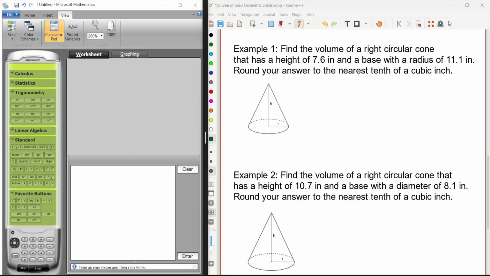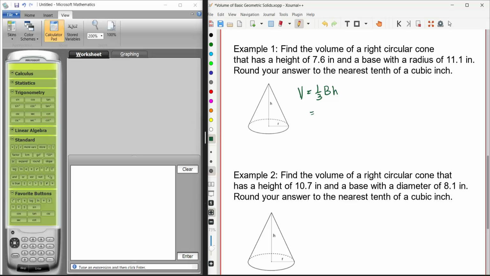So here, let's start with the formula. The volume of a cone is equivalent to 1/3 times capital letter B, the area of the base, times the height. Now, the base of a cone is a circle.